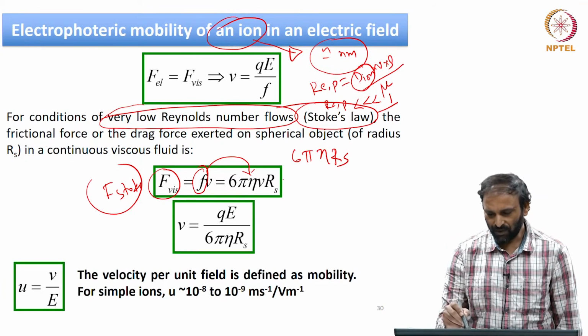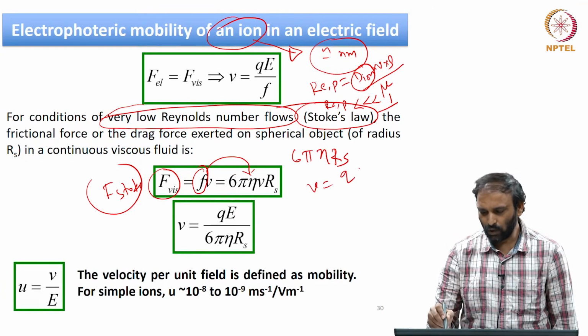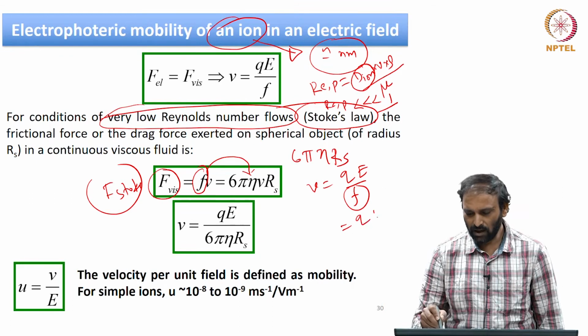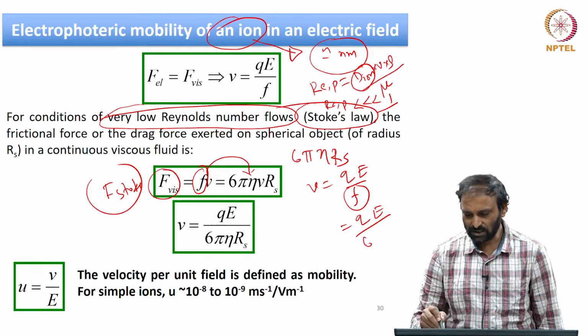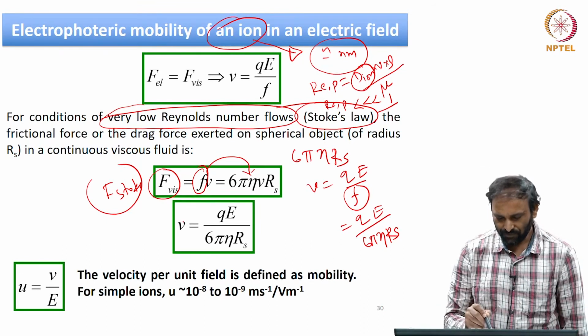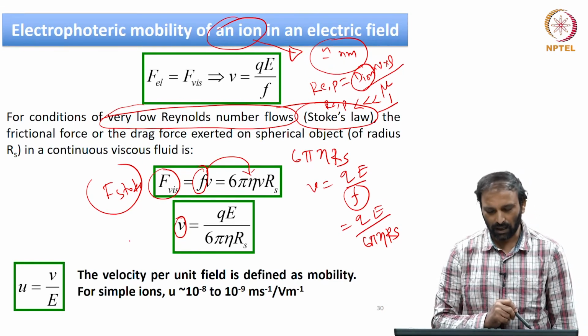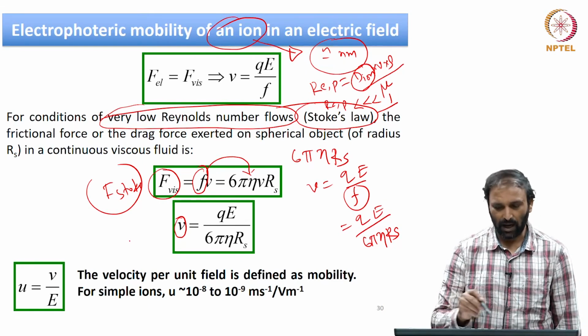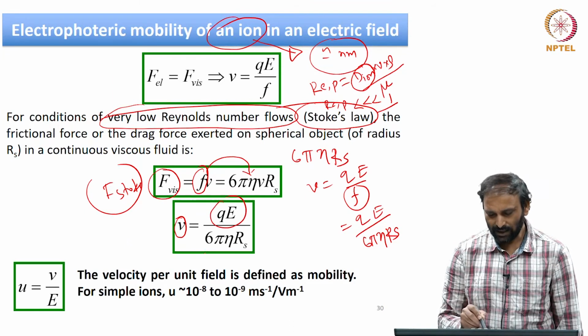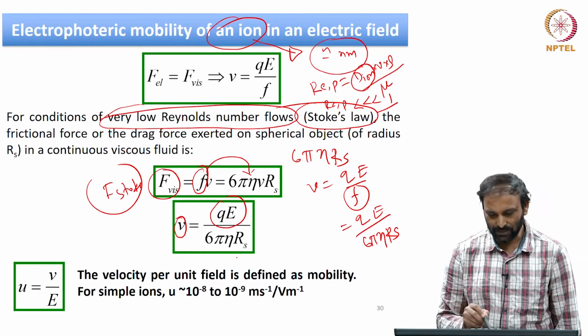Therefore, in V equal to Q E divided by F, we could replace F with 6 pi eta into Rs. So, we end up with an expression for the velocity with which the ions are moving in the field: V goes as Q times E divided by 6 pi eta times Rs.